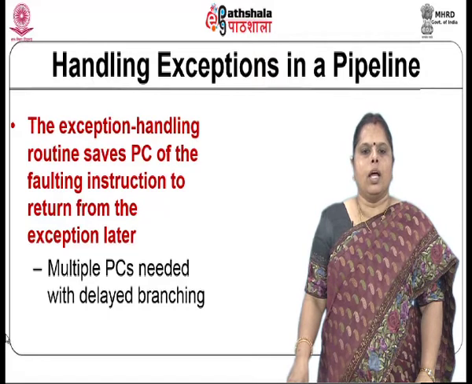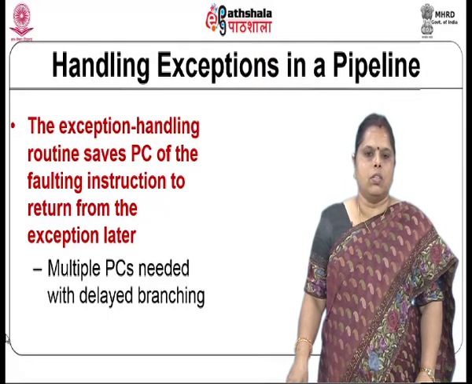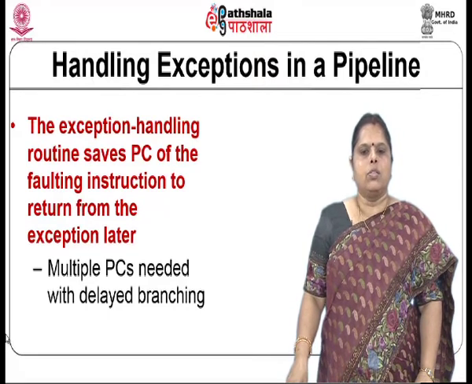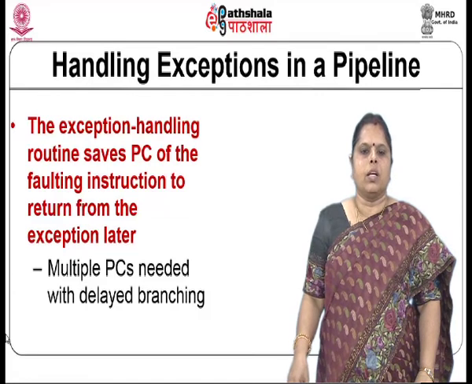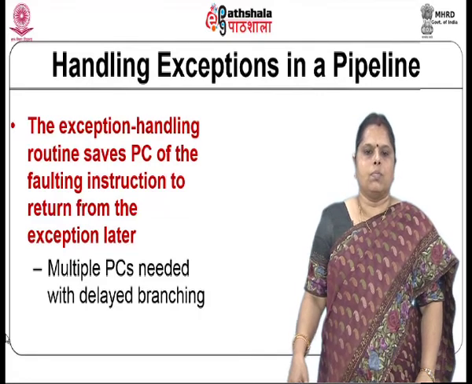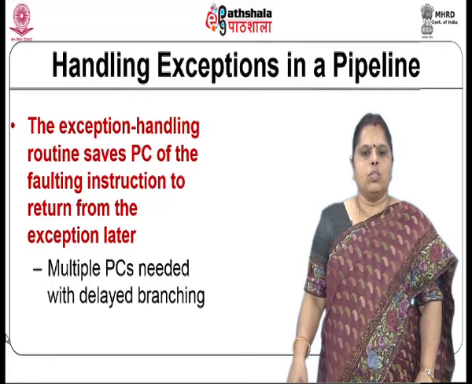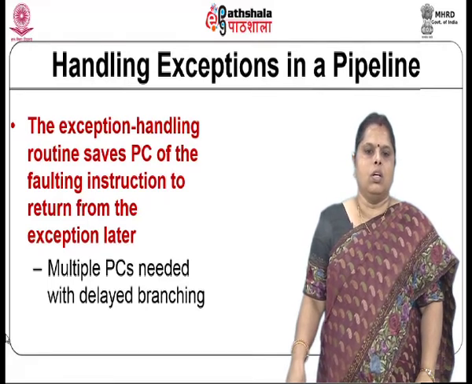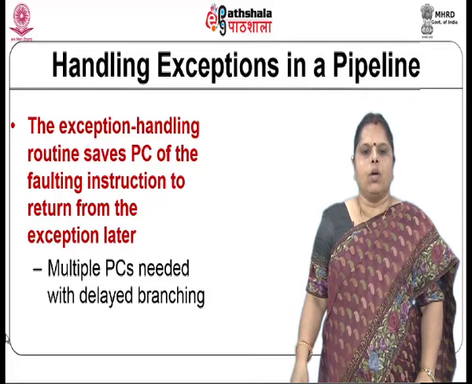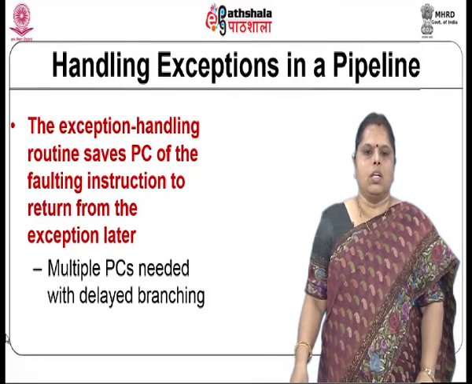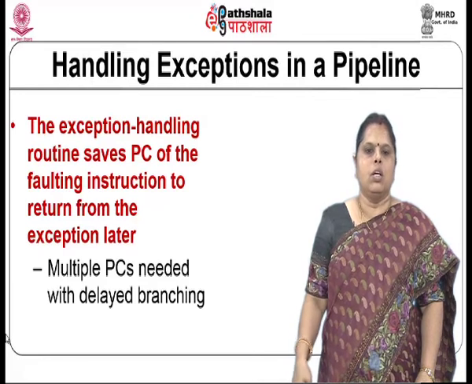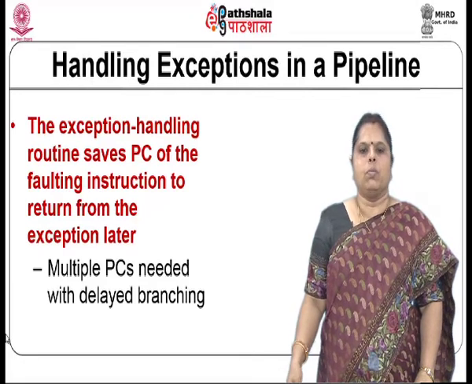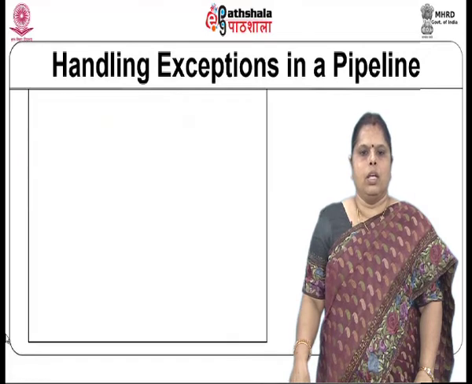But if delayed branching is implemented, it is not possible to recreate the state of the processor or subsequent instructions with just one program counter value, because the order of instructions has been altered. In that case, multiple program counters are needed with delayed branching. It is the number of delay slots plus 1, that many program counters will be needed.